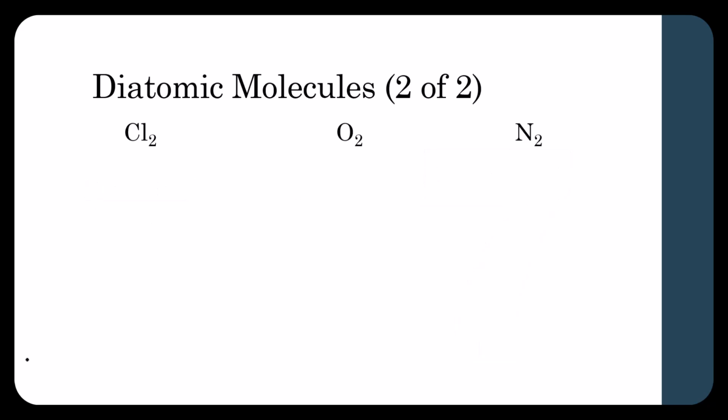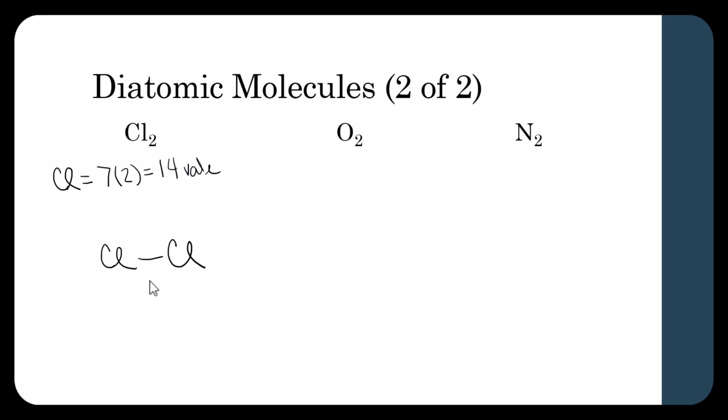So the first one is chlorine. I want to draw the Lewis structure for chlorine. Chlorine is in the 17th group or 7A. It's got 7 valence electrons, and there are 2 of them, so we have 14 valence electrons for our picture. With these diatomics, there's not really any way to arrange them other than put them next to each other. I'm going to start distributing electrons. I start with the bonding pair, 1, 2.